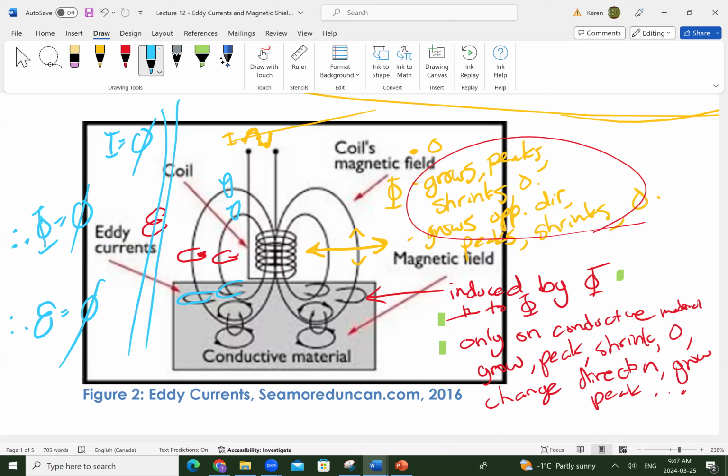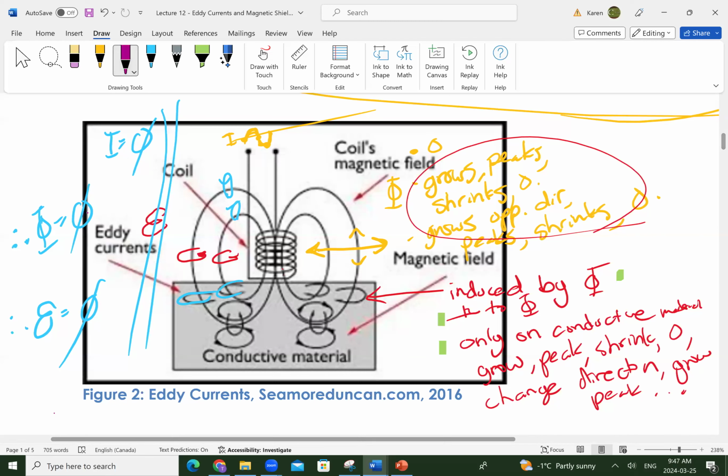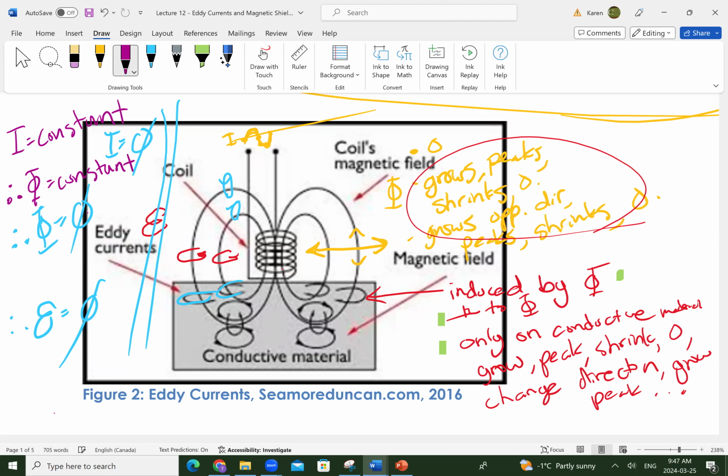Okay? Good. One more thing to remember, just one more thing. If I set my current equals constant, then my flux will be constant. What do we mean by constant?